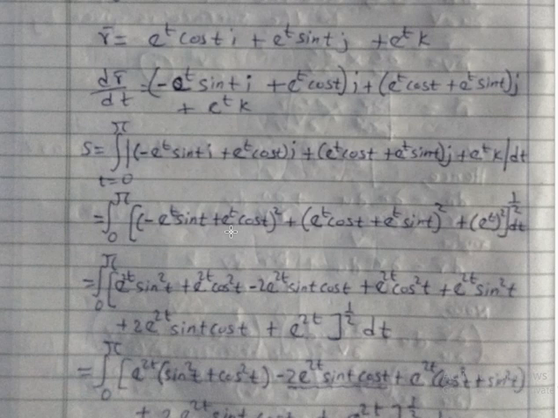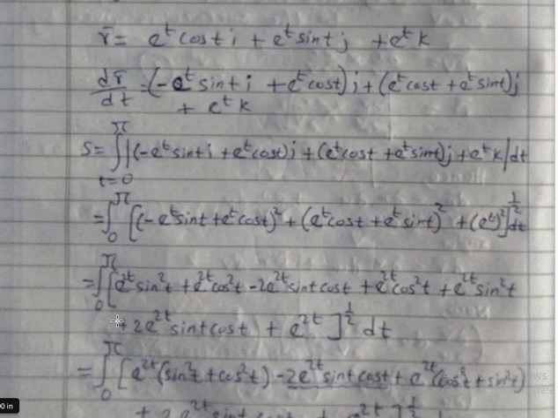Then from the second square, we are going to have exponential of 2t cosine squared of t, plus exponential of 2t, the square of sine of t, then plus twice exponential of 2t, the sine of t, cosine of t. Then the last square will be exponential of 2t.